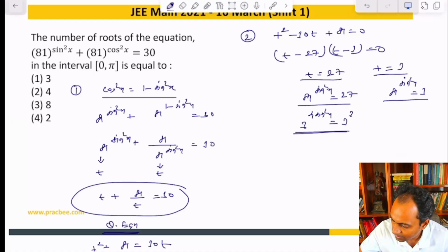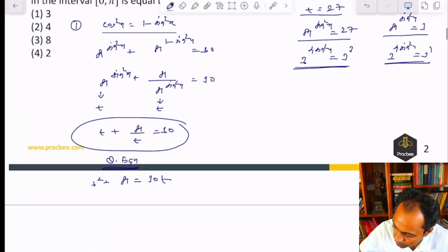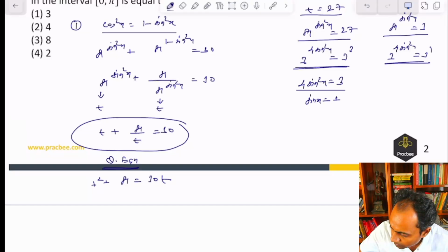And this part is 3 raised to the power 4 sine square x. So if I compare the power, I should be able to get my answer. So in the first part, 4 sine square x equals 3, so the value of sin x comes out to be plus minus root 3 by 2.